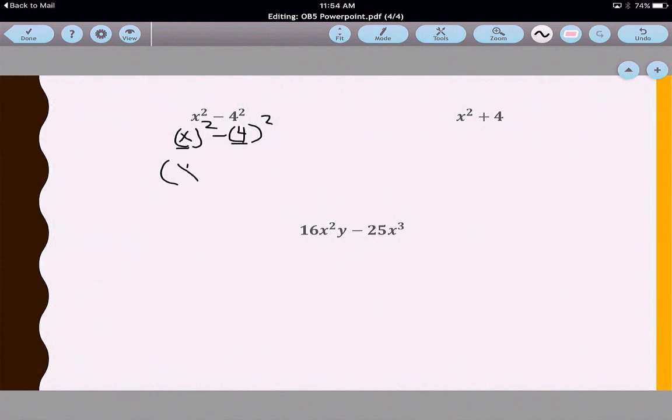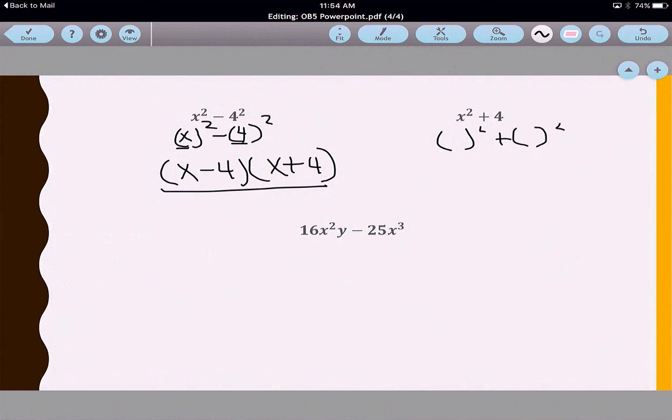So in our factored form, we'd have x minus 4 and x plus 4 and call it a day. Again, I can separate these into perfect squares. Square root of x squared is x, and the square root of 4 is 2. But x squared plus 2 squared is separated by a plus sign, so that's going to be prime. Be careful. As soon as you see that plus sign, you don't even have to do this process here. You can just declare it prime right off the bat.